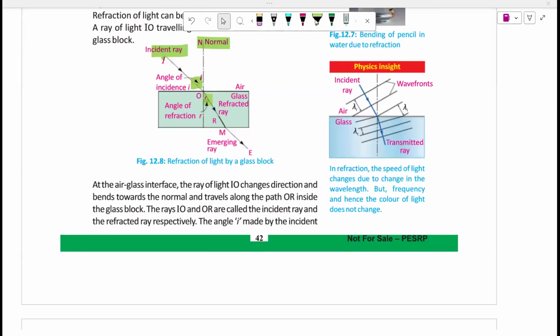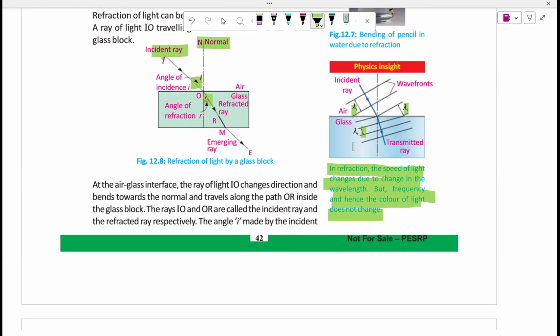This is something important in reflection. So you could see here clearly that in reflection, the speed of light changes due to the change in wavelength, but frequency and hence the color does not change. The wavelength would decrease as compared to the other; here the wavelength is bigger, here the wavelength is smaller.